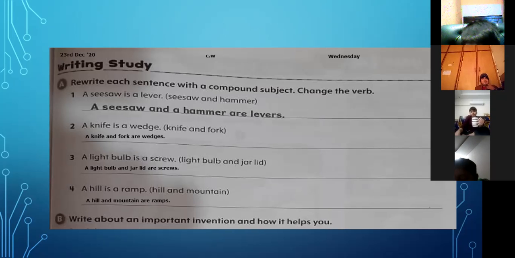Okay, so let's move on to page number 130 of your student book. I'm moving on to page number 130 of your student book now. All of you, please, page number 130 of your student book.